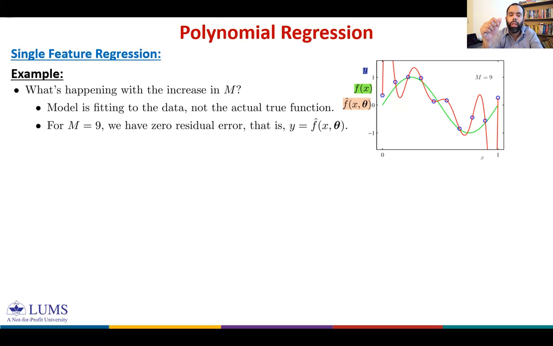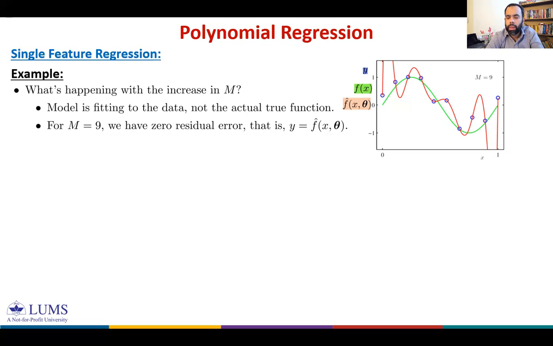You can. When m is equal to 9, how many parameters do we have? 10. How many data points do we have? 10. So the system, x transpose x inverse x transpose y, would give you exactly the parameters for which your model is passing through these points.